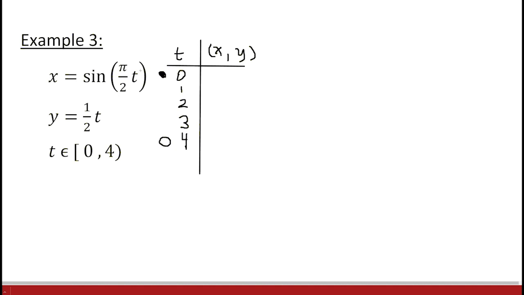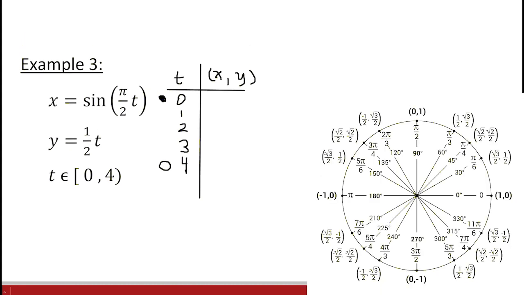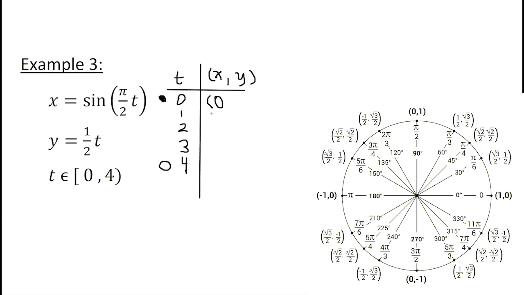We are going to need to compute some sinusoidal values, so I'm going to pull up the unit circle to help us do that. So let's see here. At 0, sine of 0 pi over 2, so that's just sine of 0, is going to be 0.